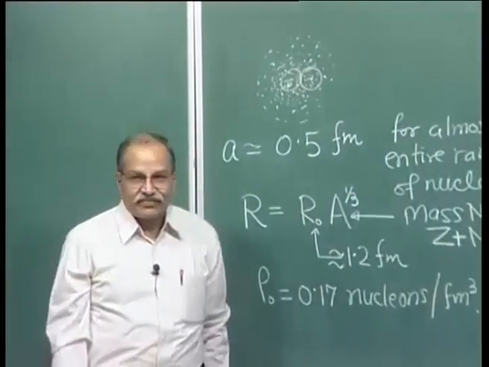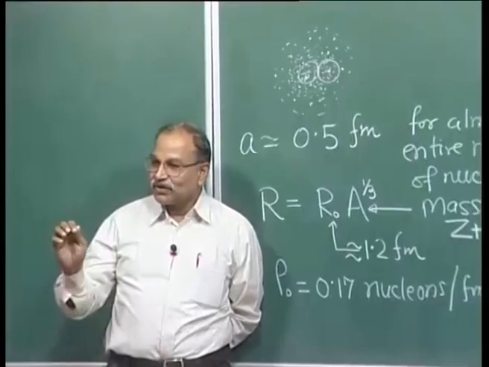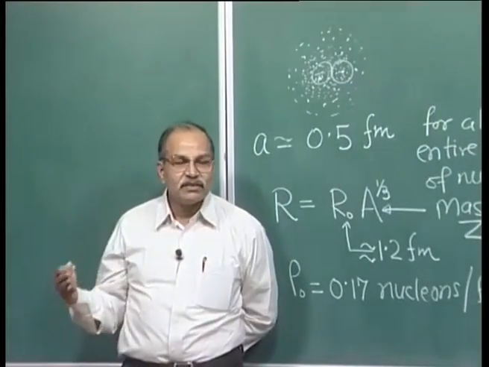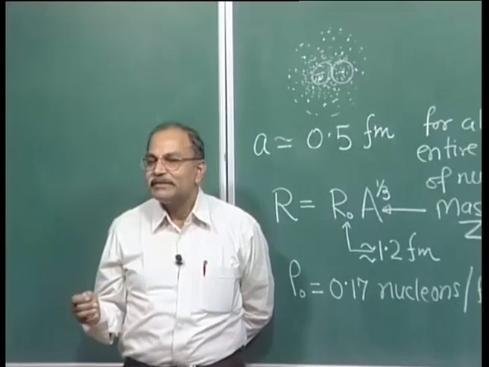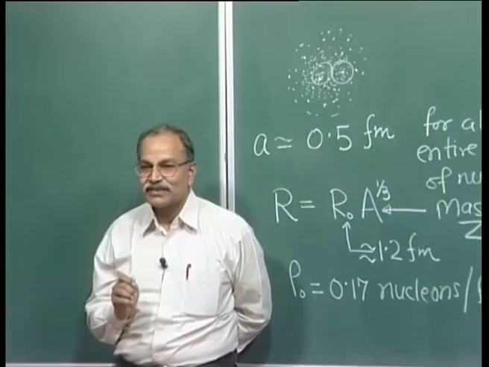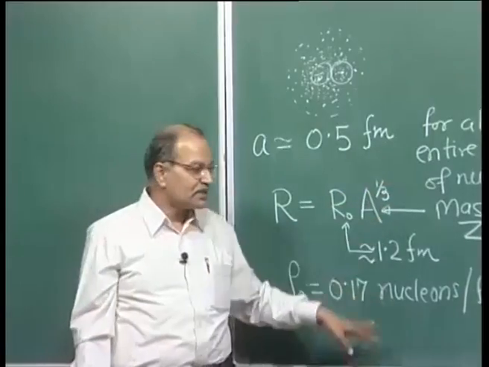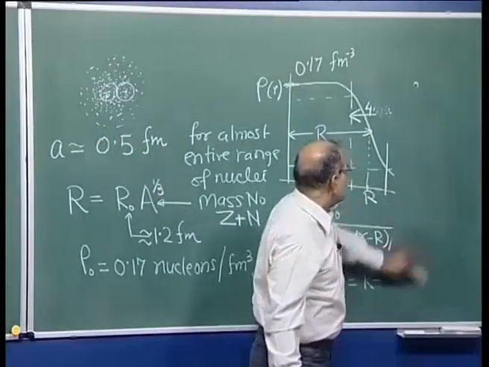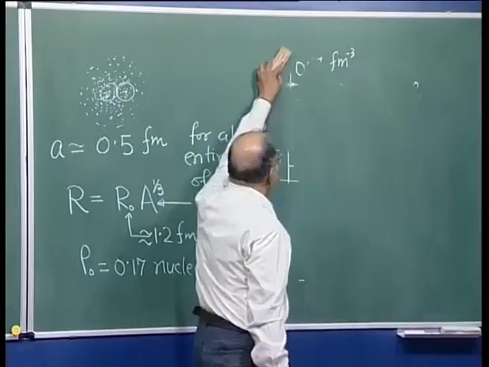Okay. Now, let me give one more process by which people measure this radius of nucleus. This is one experimental process that I described last lecture, and one more process I would like to give.